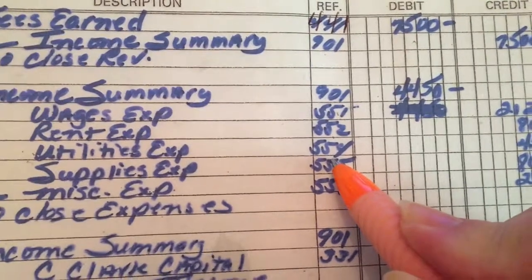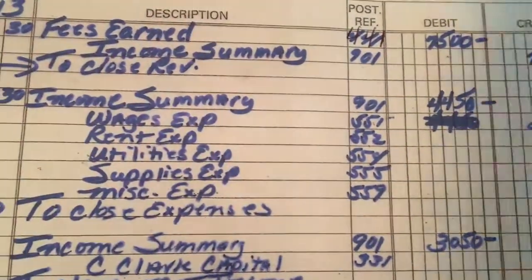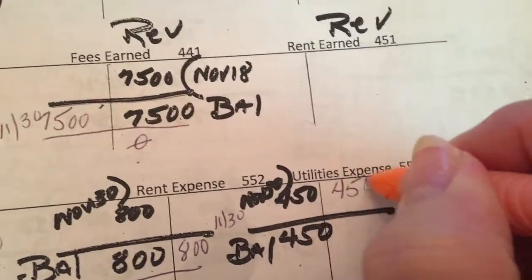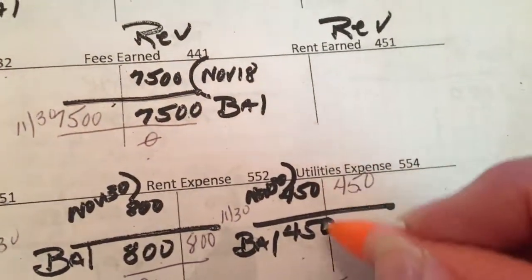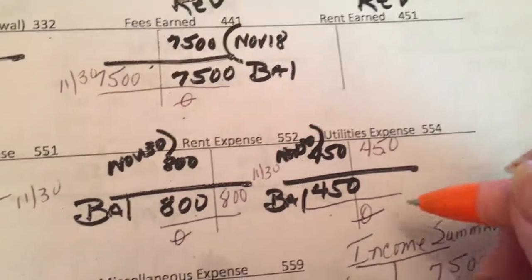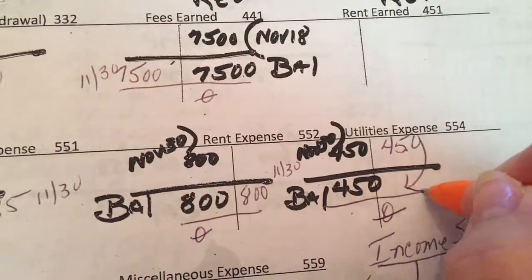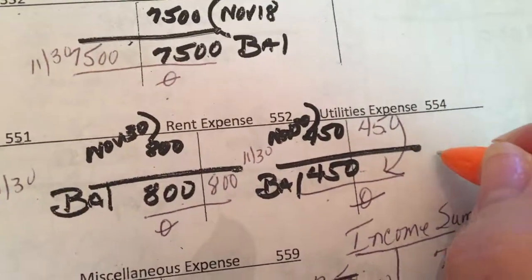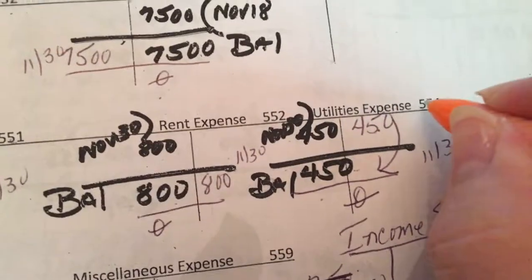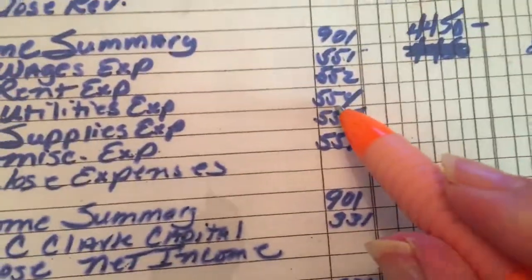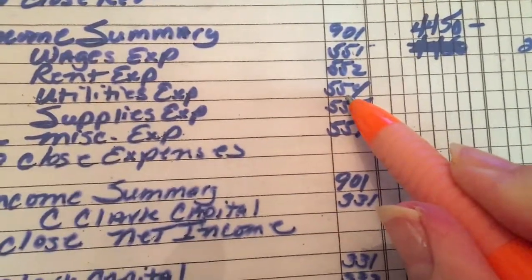Utilities, $554. $450 right here. That's going to give you a zero balance. Okay. Actually, this should have been down here. I'm very sorry. So put it down here by the balance. And this is done on November 30th. The number 554 would be carried back to the posting reference.